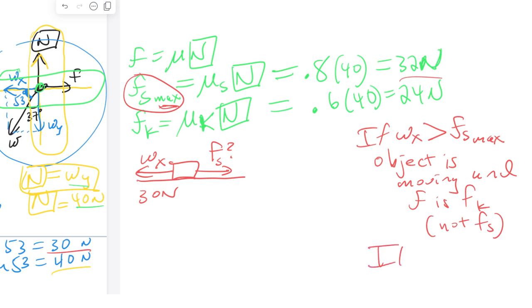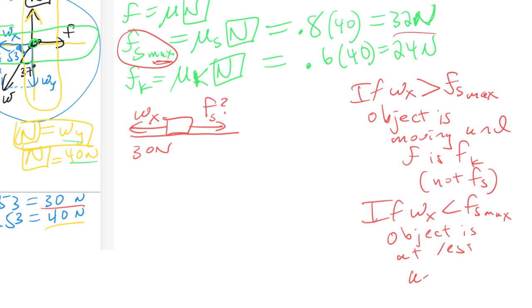Okay, if Wx is less than Fs max, the object's at rest. The box is at rest, and therefore Wx equals the static friction.